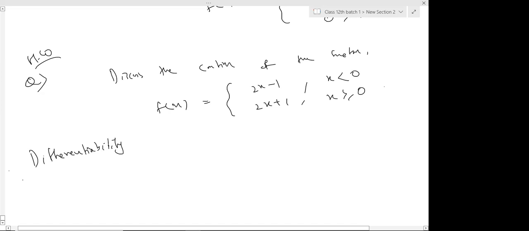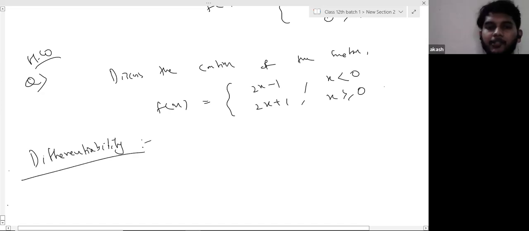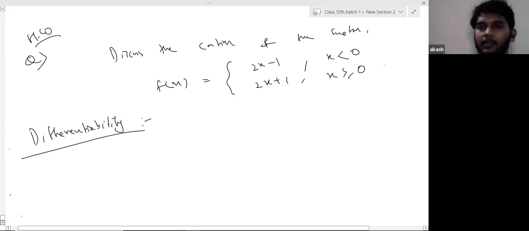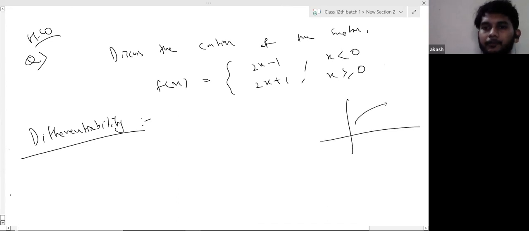All right. So last topic of this chapter, differentiability. So what is differentiability? See, in limits, if there was a graph, we checked if there is a broken part of graph or not, if the graph is continuous or not. Now, differentiability gives us the smoothness of a curve.